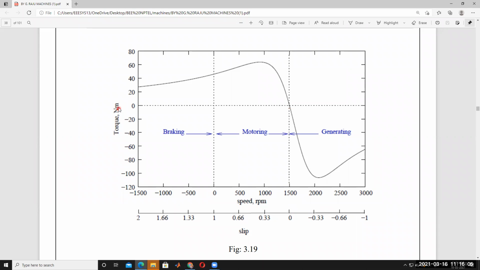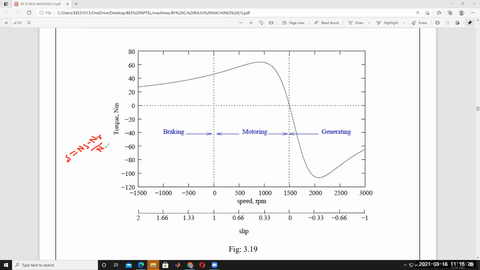The torque versus speed or torque versus slip characteristics: torque in Newton meter, speed in RPM, and slip. This is called slip 1. Where does the slip become 1? At starting, NR is equal to 0. Slip is equal to NS minus NR by NS.